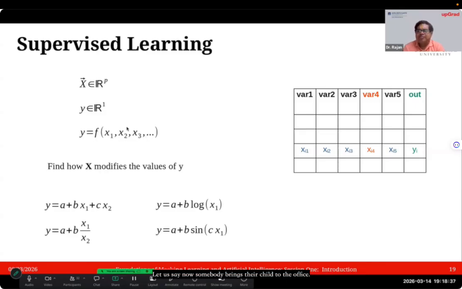Now somebody brings their child to the office. This child is 8 years old, and the child's height is 80 centimeters, let us say. Or 100 centimeters, whatever it is. Now, can I use this model to predict the weight of that child?